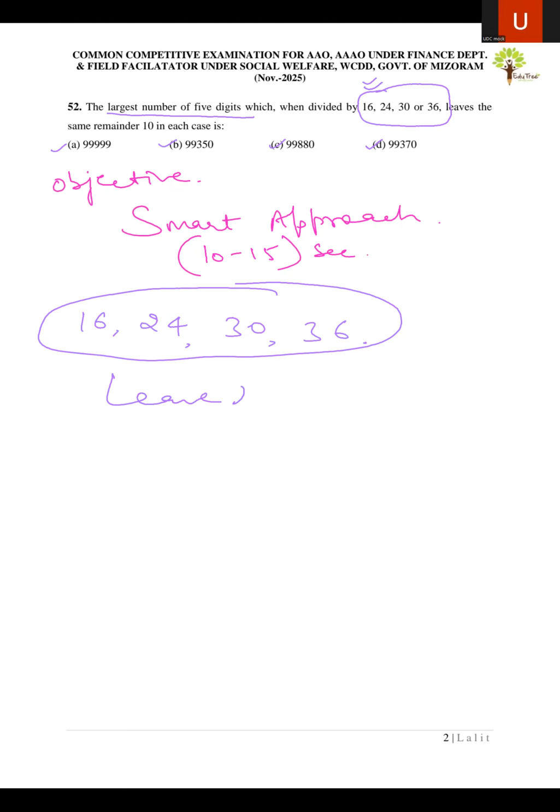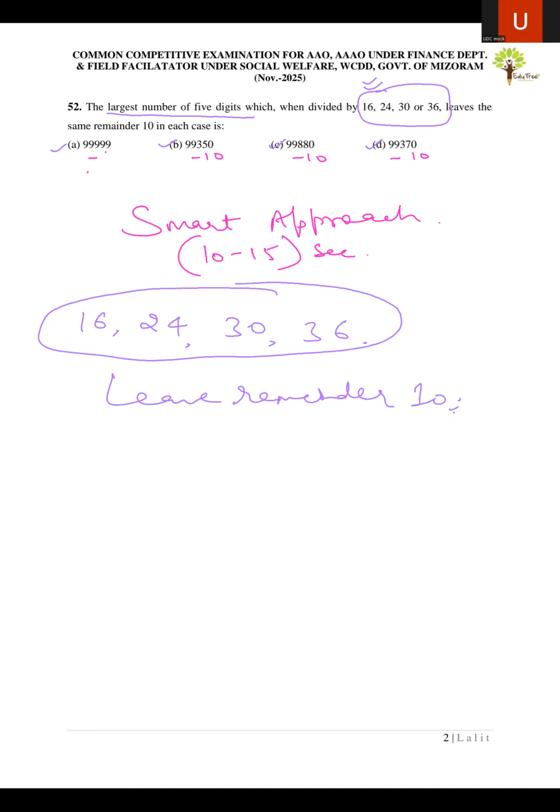As it has to leave remainder 10, just simply subtract 10 from all the options, and then check it using any of the numbers.